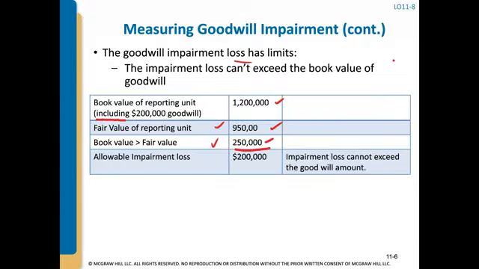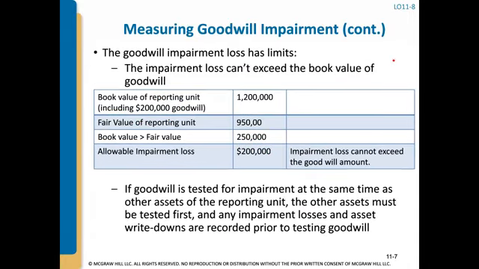You can't record an impairment for $250,000 because your goodwill is only $200,000. So your allowable impairment loss is only to the extent of the book value of your goodwill. In this situation, you can only take an impairment loss for $200,000.